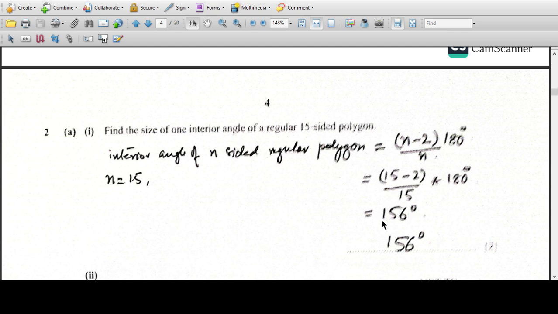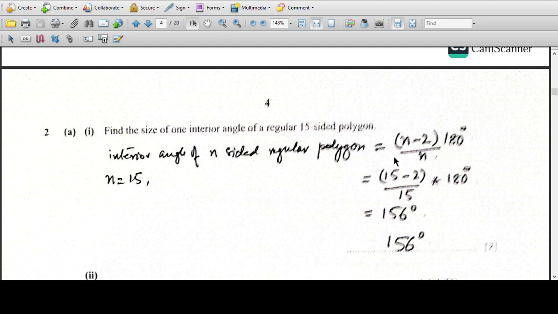Question number 2. Find the size of one interior angle of a regular 15-sided polygon. So each interior angle of an n-sided regular polygon is (n minus 2) times 180 divided by n.